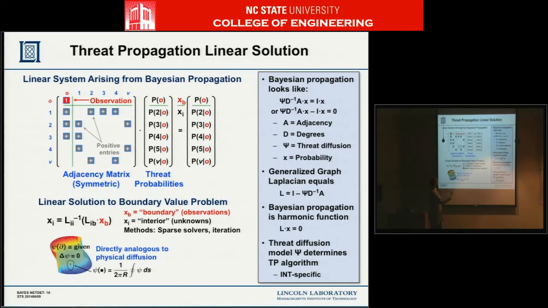And so you've got a Bayesian network here. This is your known. These are your unknowns. Here's the linear system. You crank through that, and you get the solution to the standard boundary value problem. It's just a matrix inverse involving the Laplacian. It's just like any other boundary value problem that you ever solved.